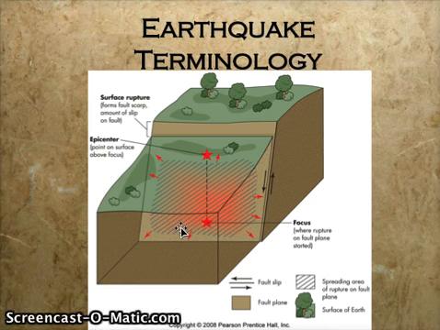The point on the ground surface directly above the focus is called the epicenter, and this is typically what you see plotted on a map on TV after there's been a big earthquake. And then the surface rupture is simply what occurs if the fault plane rupture makes it to the ground surface. And this does not always happen.